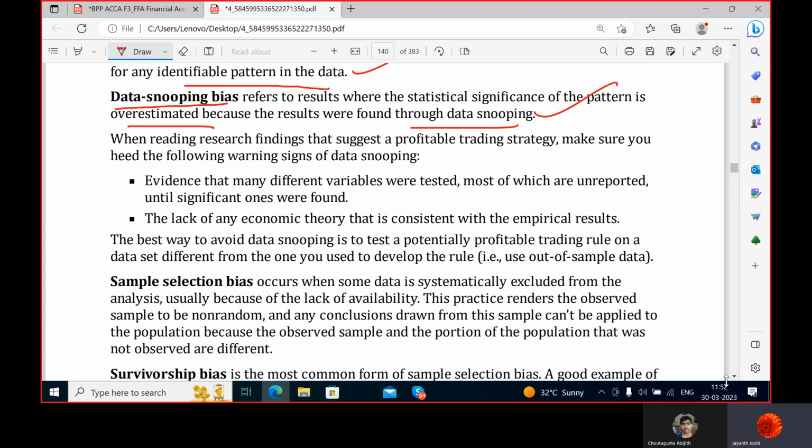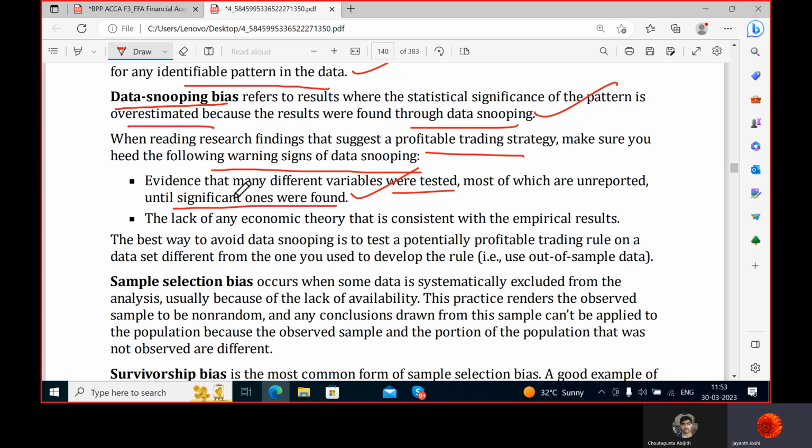So, when reading research findings that suggest a profitable trading strategy, make sure you heed the following warning signs of data snooping. Evidence that many different variables were tested, most of which are unreported until significant ones are found. There was evidence that many variables were tested, but many things did not get reported, so did not come to light. And maybe we missed out something if it is unreported.